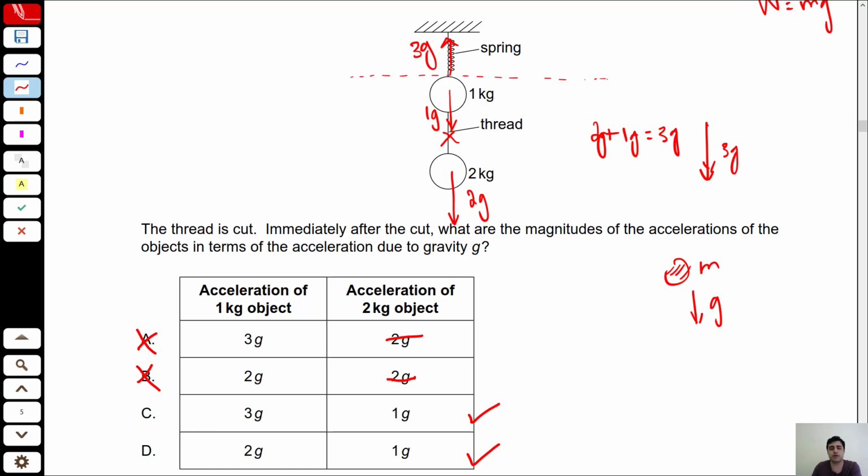So we subtract the two forces to find the resultant: 3g upward, 1g downward, so 3 minus 1 is 2g in the upward direction. So 2g is the resultant acceleration acting on this 1 kg. It is no longer free fall because it's attached to the spring, which is providing some force. So it's going to be part D.